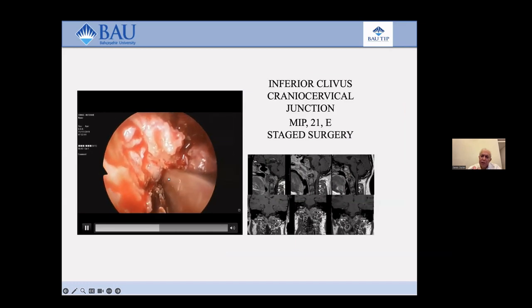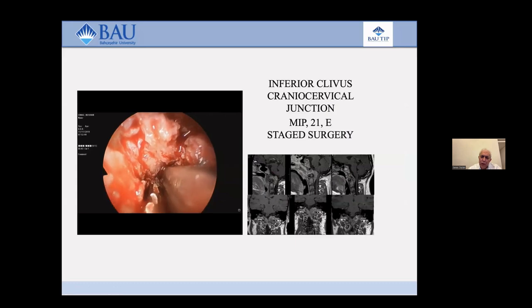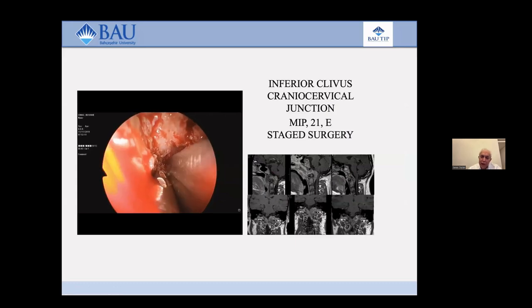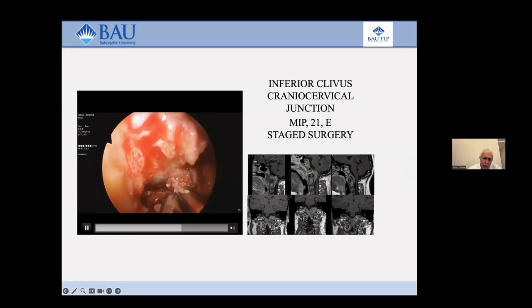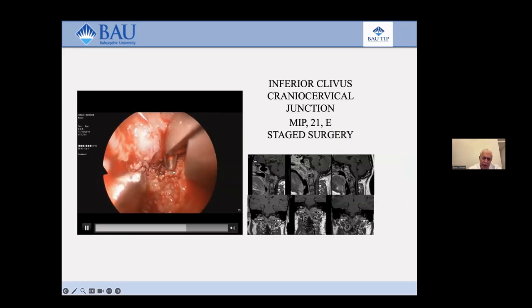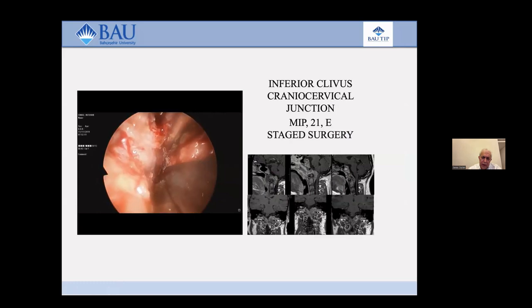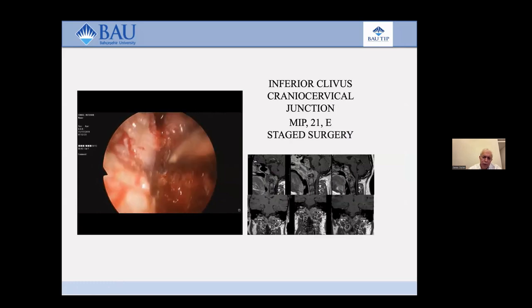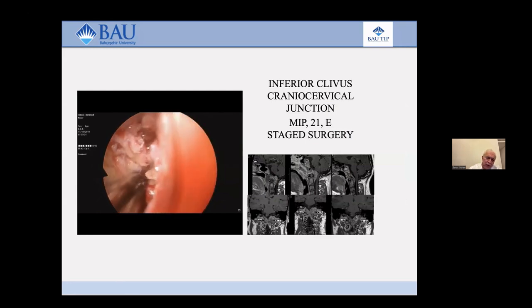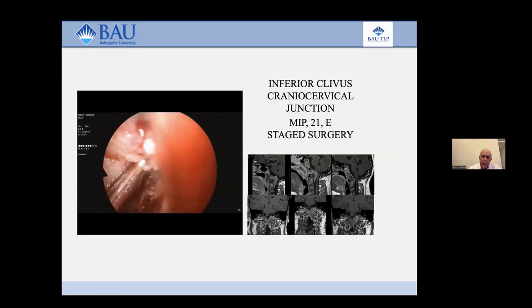In this case, we performed medial condylectomy to reach the laterally extending tumor. We removed the medial condyle, explored the laterally extending tumor, and this tumor was removed.